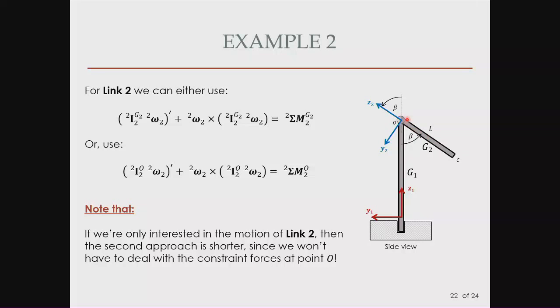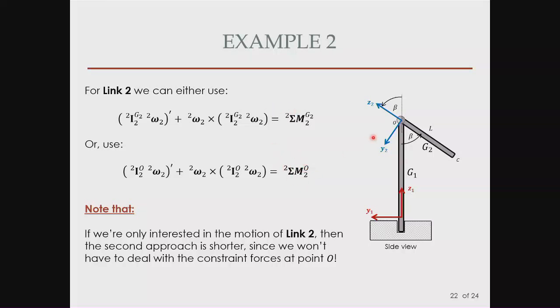But I will need to take into account all the reactive forces here at the joint O. And these are unknowns. Because they are unknowns, we would need to get rid of them at some point, and it will be troublesome. Still possible, definitely, but troublesome.